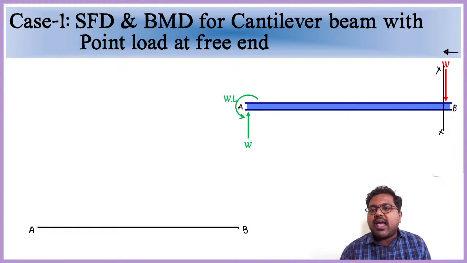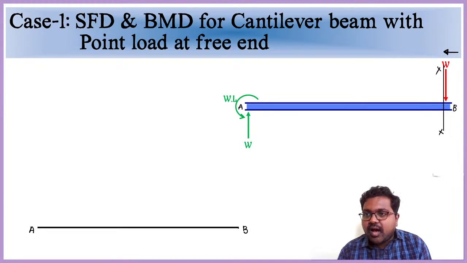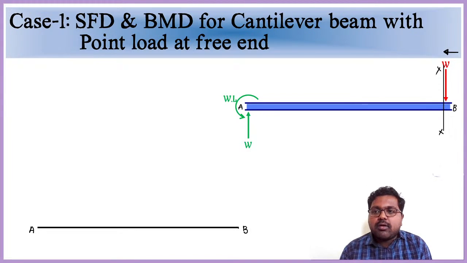Now what will happen? On the right-hand side there is a point load of intensity W, which means right-hand side downward. We know right-hand side upward is negative, but right-hand side downward is positive. So we got a positive value.